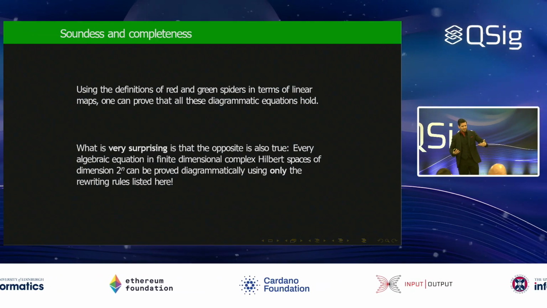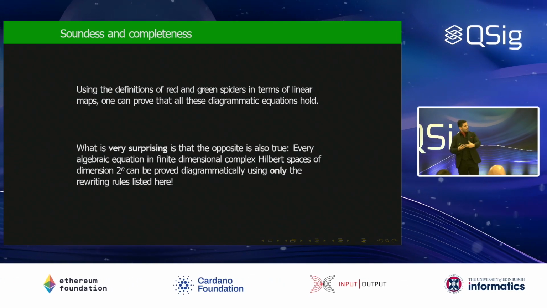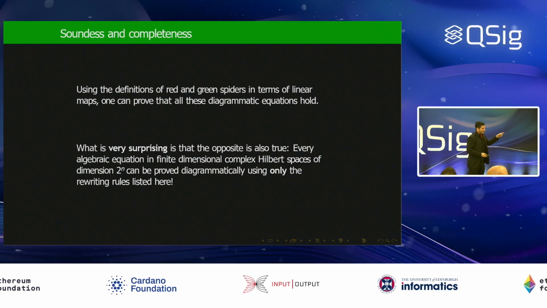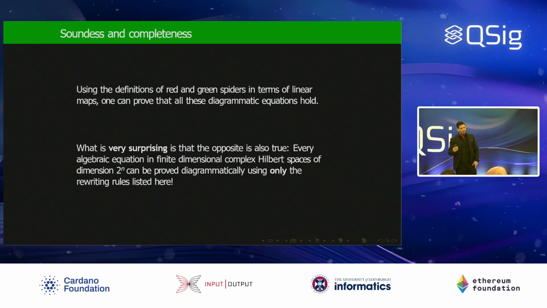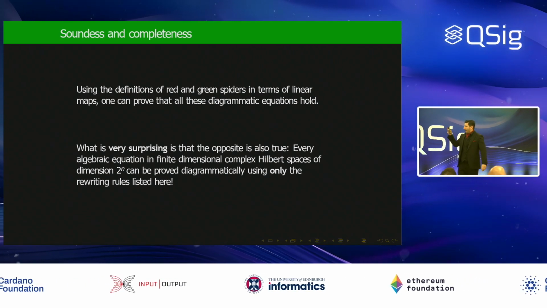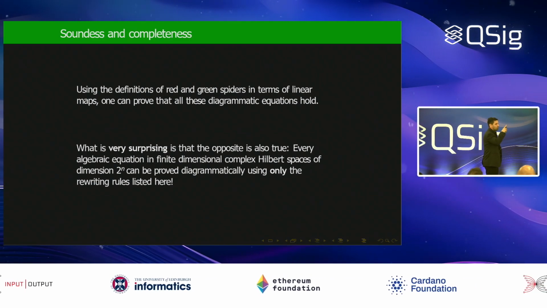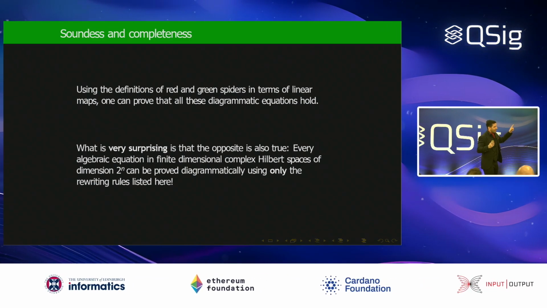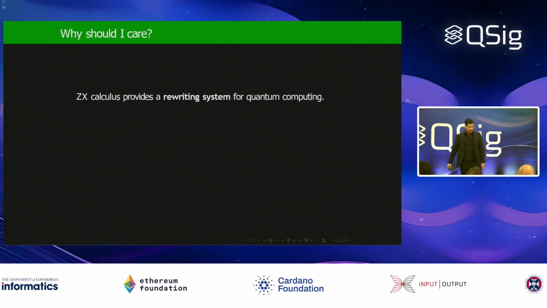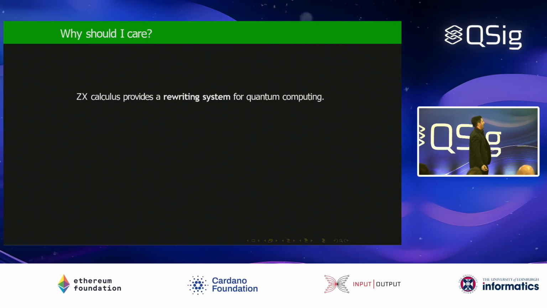It makes sense that phases sum when spiders fuse. But the opposite is really surprising. The opposite is saying that every algebraic manipulation in the vector space C to the 2 to the n can be done graphically. So why would I care about all this?